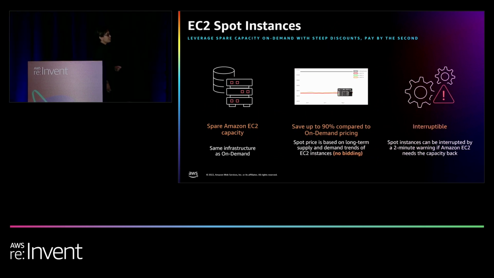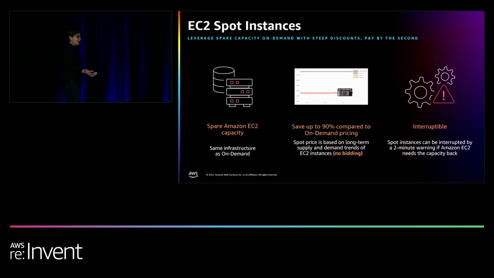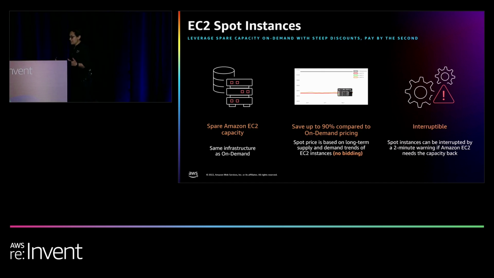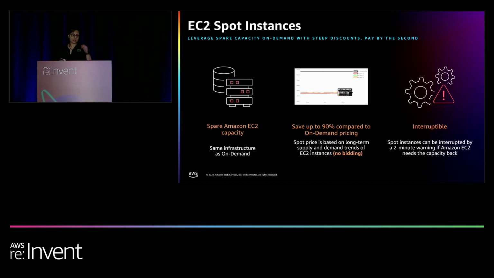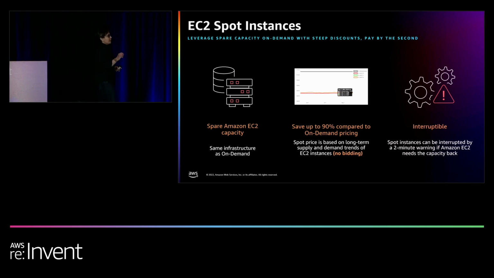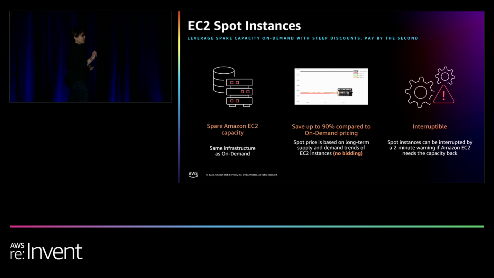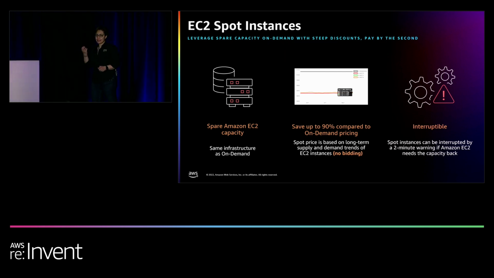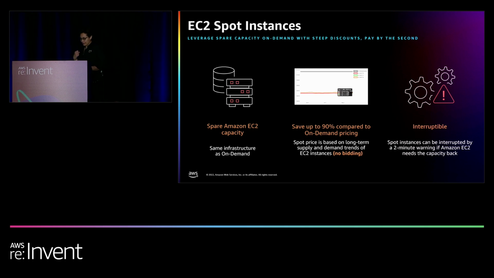All right. So Spot is another way of running your compute resources at a steeply discounted price because you're using the spare EC2 fleet. Because it's spare capacity, sometimes AWS or EC2 can claim this EC2 back again.